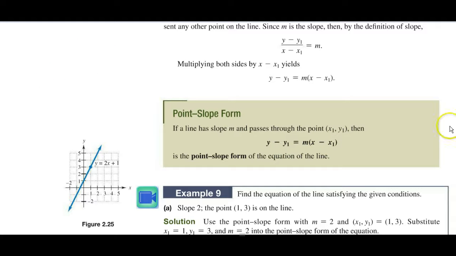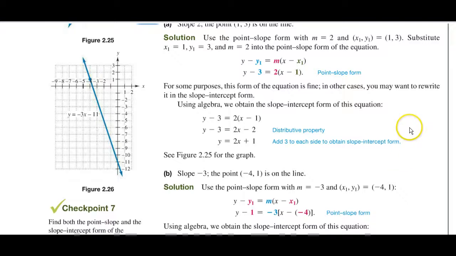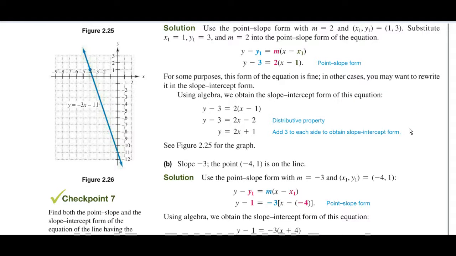So let's take a look at one here. They say, here's the slope, and there's one point. They put it in the equation, substituting. They then get y equals 2x plus 1.